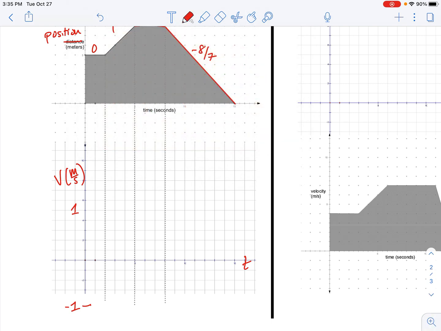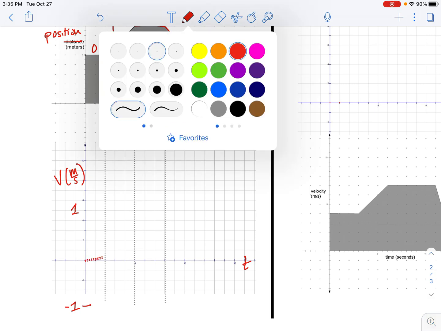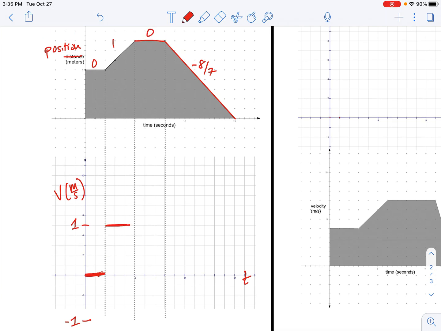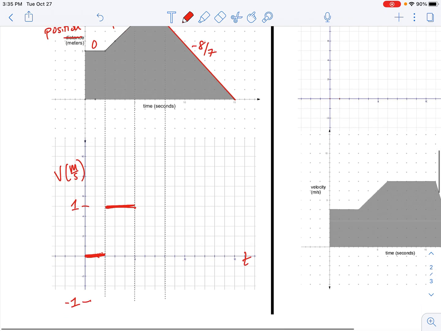Now, the slope for the first 2 seconds, oops, I should have changed back to solid. The slope for the first 2 seconds is 0. The slope for the next 3 seconds is 1. The slope for the next 3 seconds is 0, and the slope for the final 3 seconds is -8/7, which is a little bit more than 1.